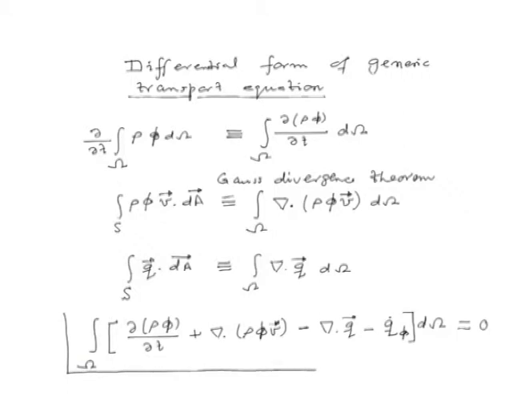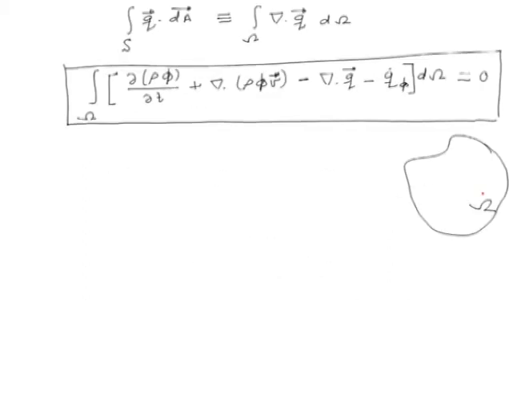So, once again we get an integral which is 0, and this integral will be 0 irrespective of our chosen control volume omega. So, this usual argument again applies.